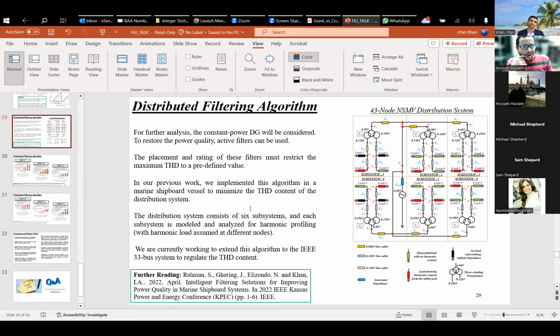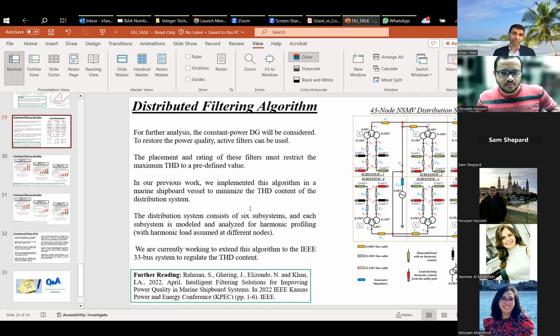On marine, we have different kinds of load which are not traditionally found on a utility grid. Our main load is the propulsion load to propel the entire vessel. Then we have lighting load, air conditioning load, and electronic load. People charge their phones on the vessel.